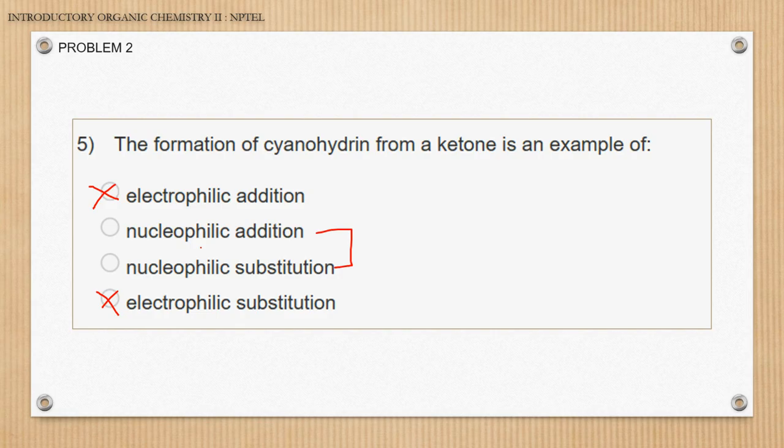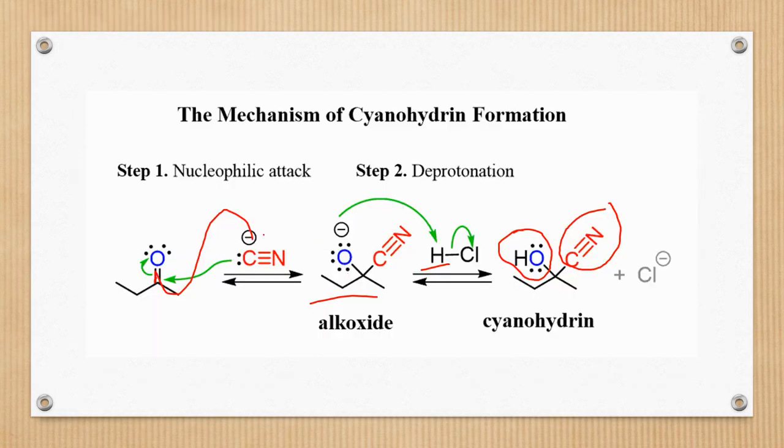Now the choice is between nucleophilic addition and nucleophilic substitution. When you say nucleophilic substitution, first of all, the nucleophile is getting added, that is fine. But in the second step, there is no leaving group leaving and your nucleophile is getting replaced. So here it is a case of addition rather than substitution, because the nucleophile is not going to replace a leaving group.